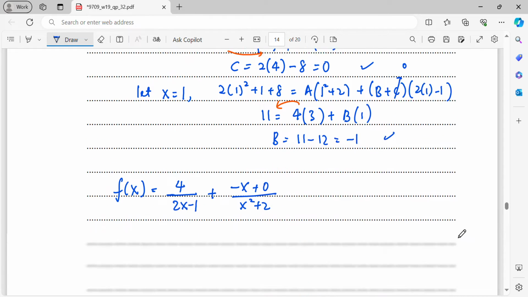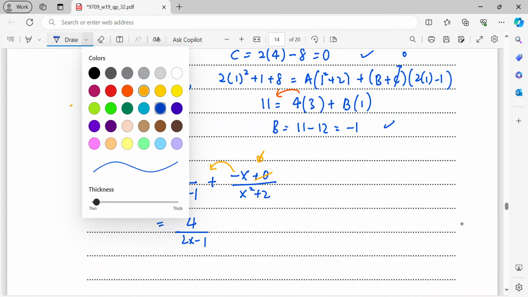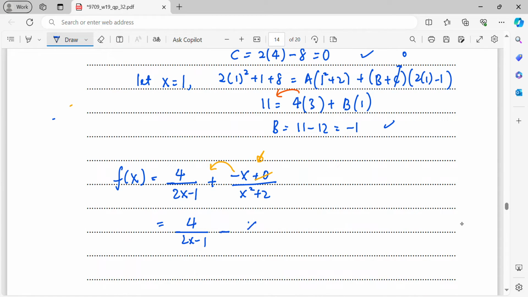But we don't leave our answer in this form, so simplify the second term. It will be 4 over 2x minus 1, and for the second term, the numerator, just ignore the 0, and there is a minus, so minus times plus is a minus. I will just write minus x over x squared plus 2. So that is my partial fractions.